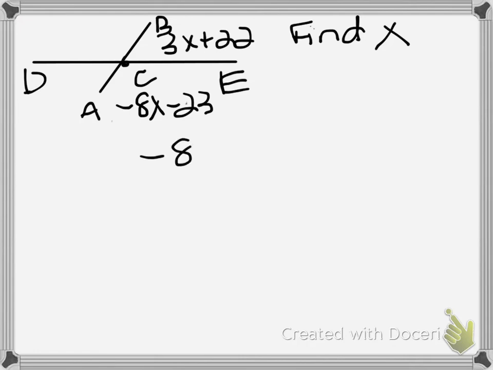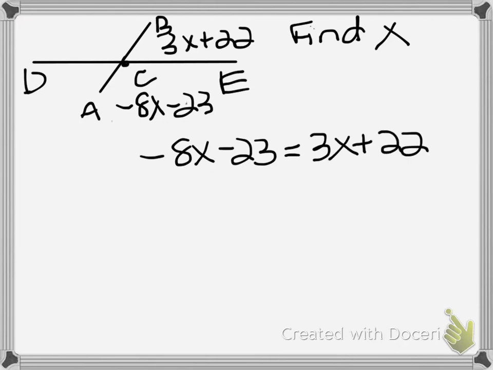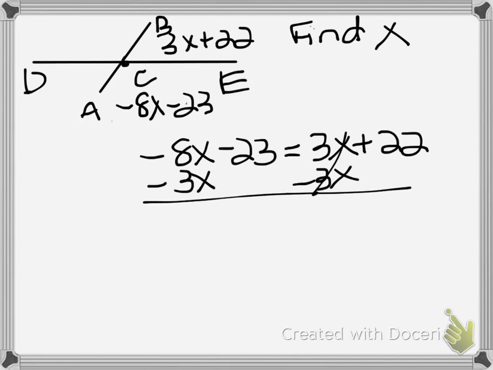So I have a negative 8x minus 23 equals 3x plus 22. I'm going to start off by subtracting 3x from both sides. Negative 8x minus 3x gives us a negative 11x. Minus 23 equals 22.